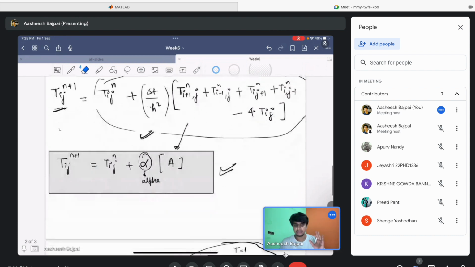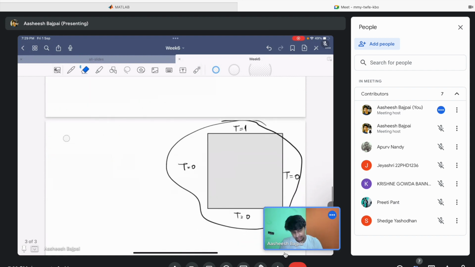Just assume that delta t and delta x are connected, and as we change the delta t, you can take more delta x. Suppose you are taking delta t as 1 second, 1 computational second for each time step.